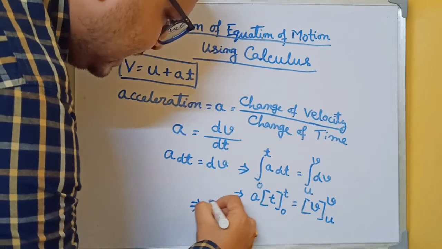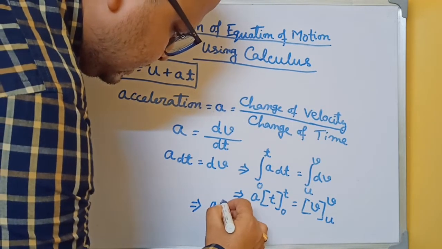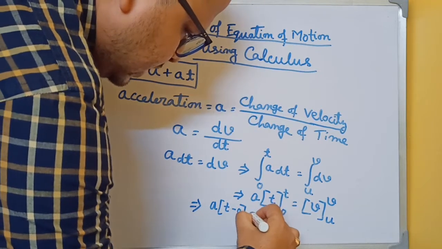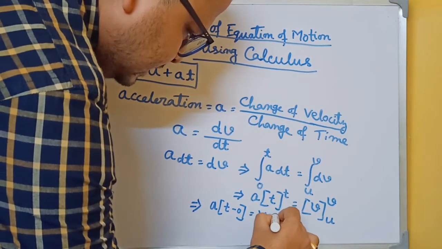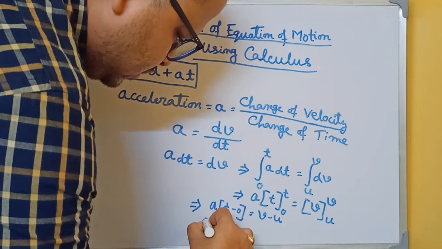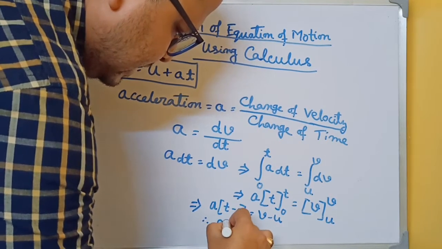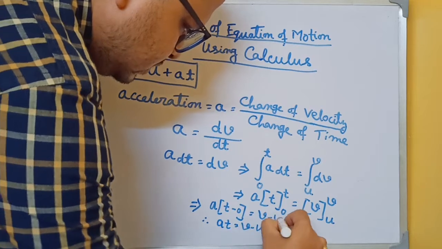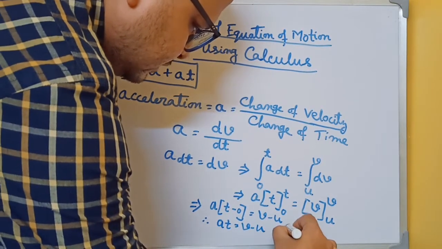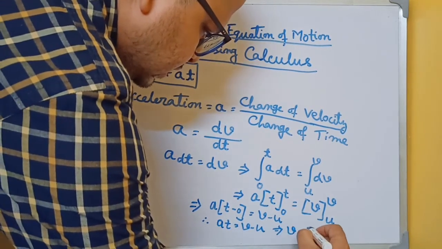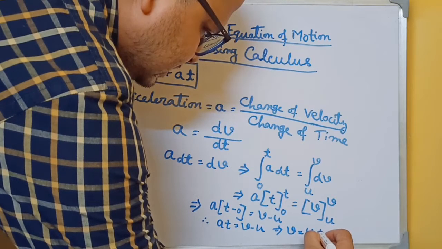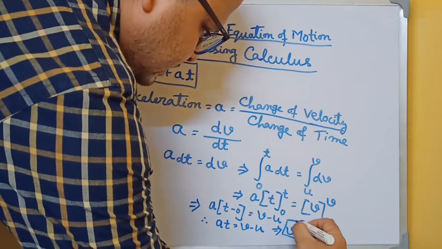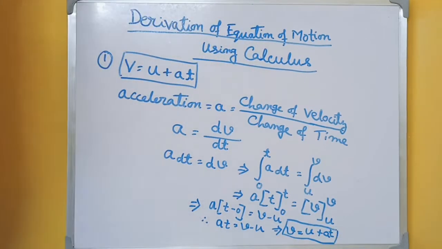From here you will get a into t minus 0 is equal to v minus u. So at is equal to v minus u, that is v is equal to u plus at. This is the proof of first equation.